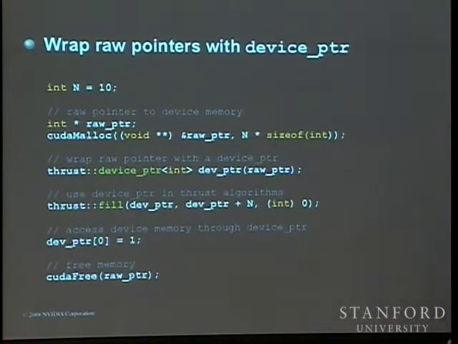And it'll actually give you a segmentation fault or something like that, because you're trying to dereference a device pointer on the host. So anyway, you can go either direction. You can go from thrust to your standard CUDA C++ code, or vice versa.